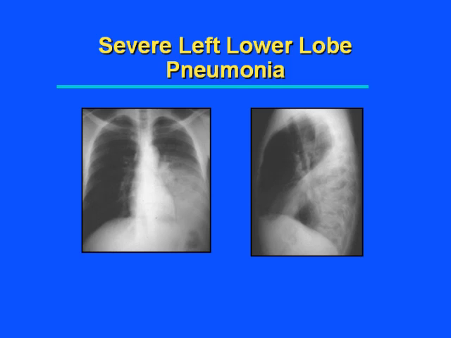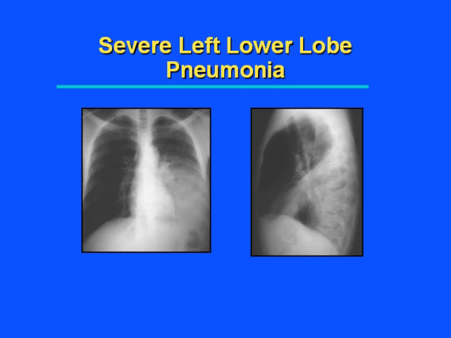Here is a chest x-ray, which again I'm using to show you the internal anatomy of what is beneath your stethoscope when you're examining the patient. So this is very extensive pneumonia involving the entire left lower lobe.